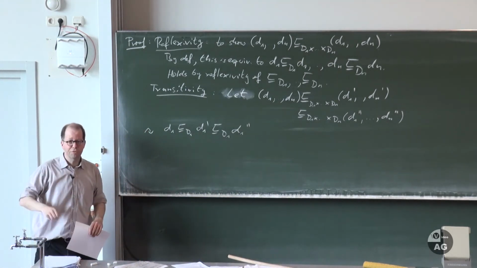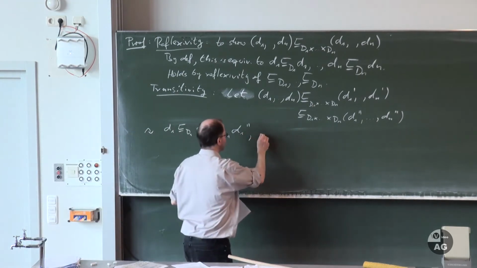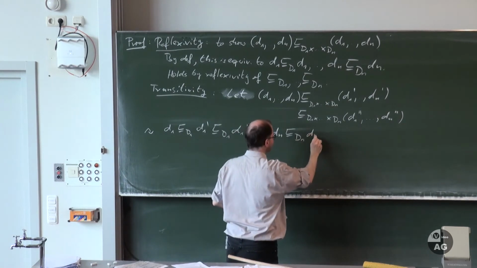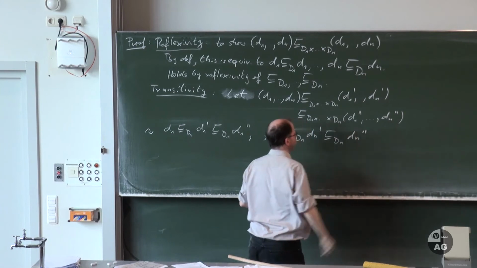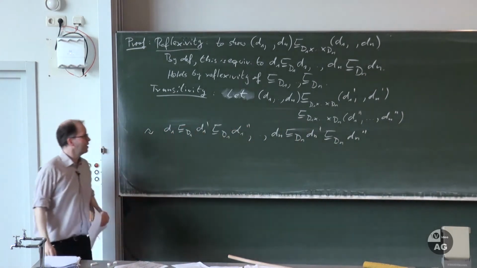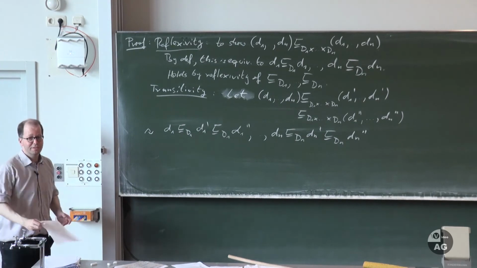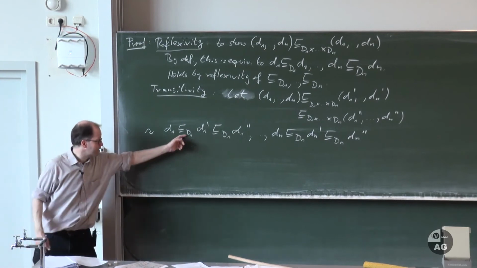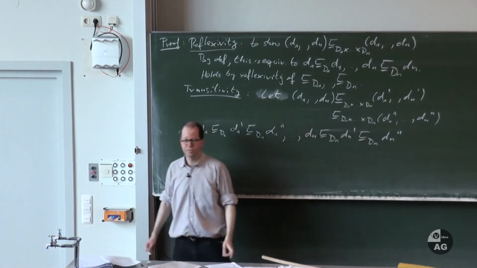This holds not only for the first component, but also for the second, the third, and the last component. So dn is less defined or equal to dn prime, and this in turn is less defined or equal to dn double prime. And now how can we proceed? We want to show transitivity. We know that these things are transitive, and we want to show that this thing is also transitive.